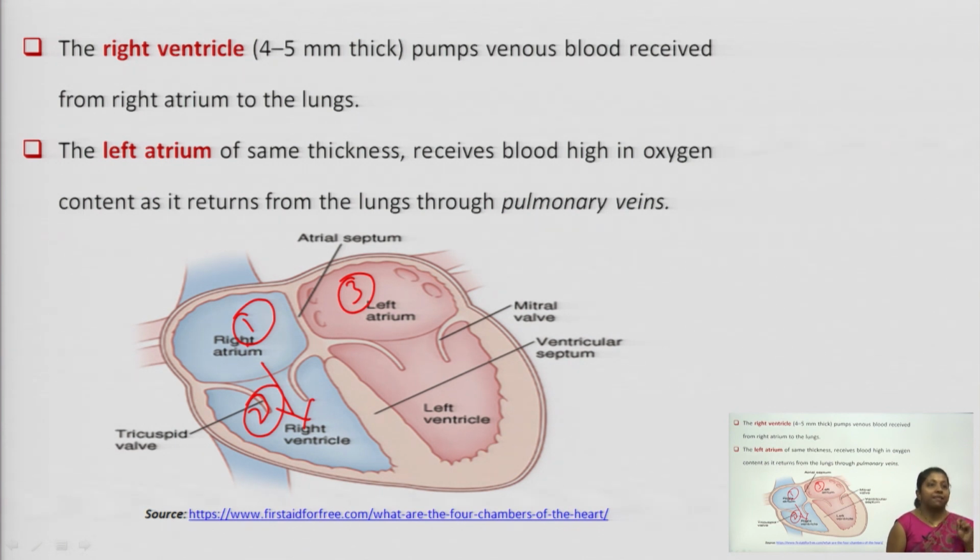Left atrium has the same thickness as the right atrium. So it receives blood that is high in oxygen content. And this oxygen containing blood is received through the pulmonary veins.